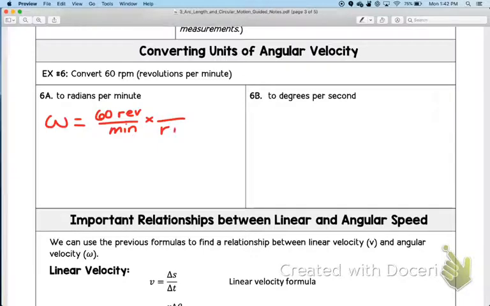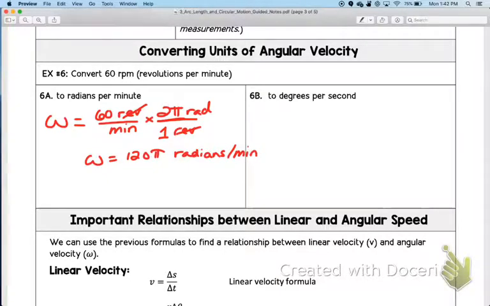What is one revolution? One revolution, remember, is 2 pi radians all the way around our unit circle. So now my revolutions are canceling out, and I'll be left with radians per minute. So omega is equal to 120 pi radians per minute.